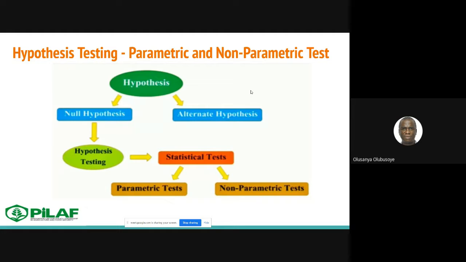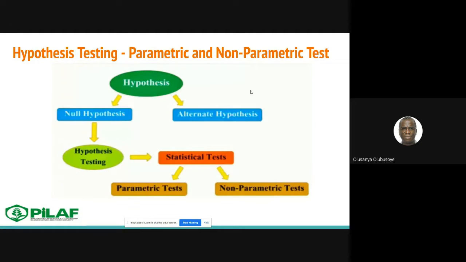It is simply the hypothesis that you specify as the claim, and the alternative is the one that is against the claim.